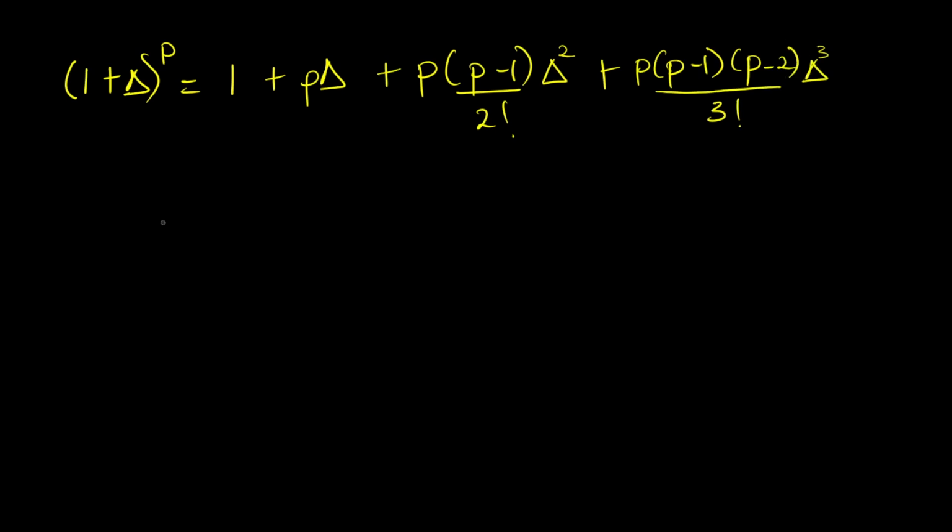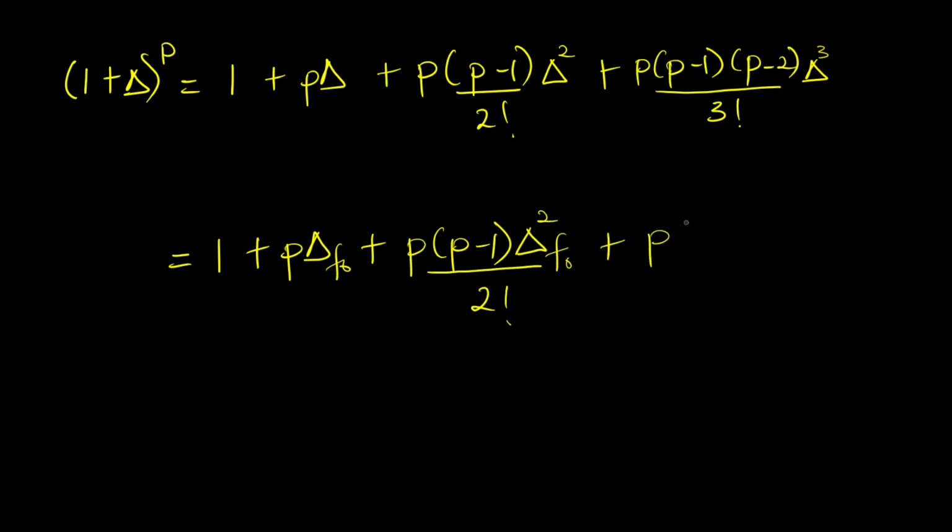Since it's a forward difference interpolation, it implies that f naught will be attached to our delta. Therefore, our interpolating polynomial, which is also f of p, will be equal to f naught plus p delta f naught plus p into p minus 1 delta squared f naught all over 2 factorial plus p into p minus 1, p minus 2 delta cube f naught all over 3 factorial.